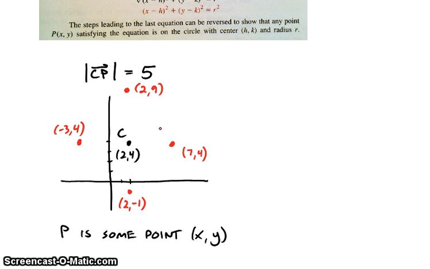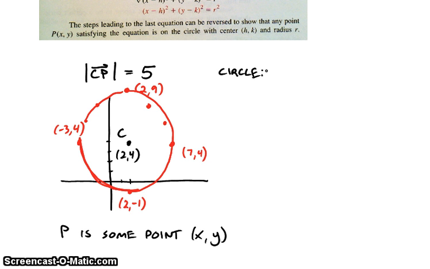Because we could also have a point like maybe over here somewhere. Here's another possibility for C. C could have been lots of different places. If we were to collect all the possible positions of point P, then we end up with a pretty circle. This is actually called the locus of points, and that's one of the definitions of a circle.